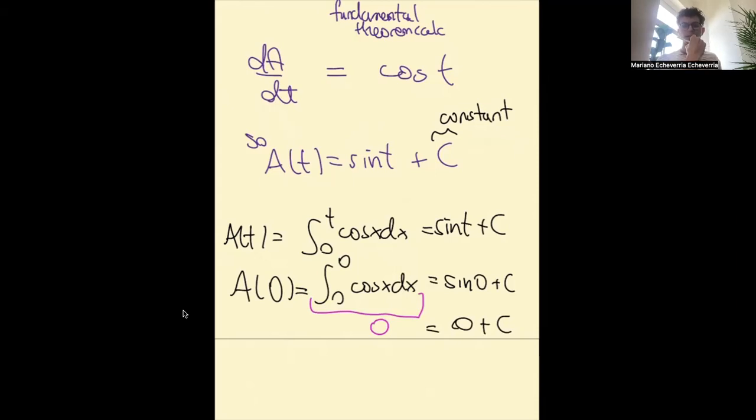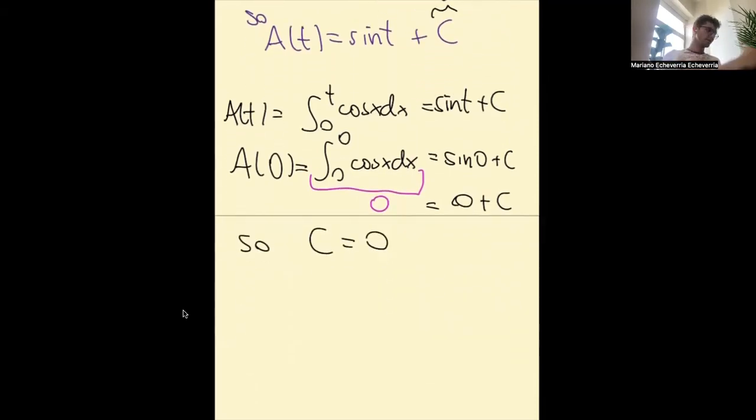Okay, so that means that the constant had to be 0. And so A of t equals the integral from 0 to t of cosine of x dx equals sine of t.